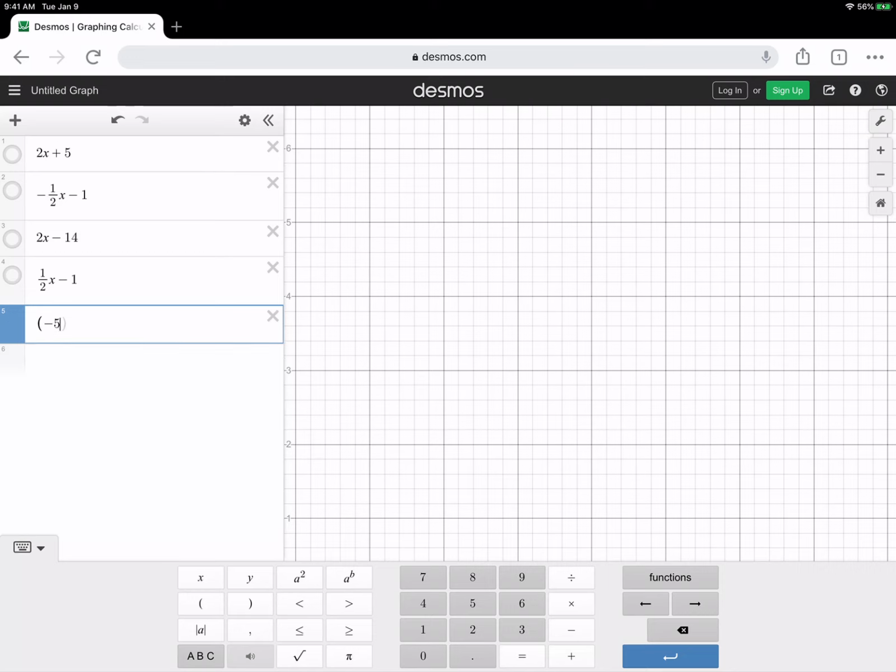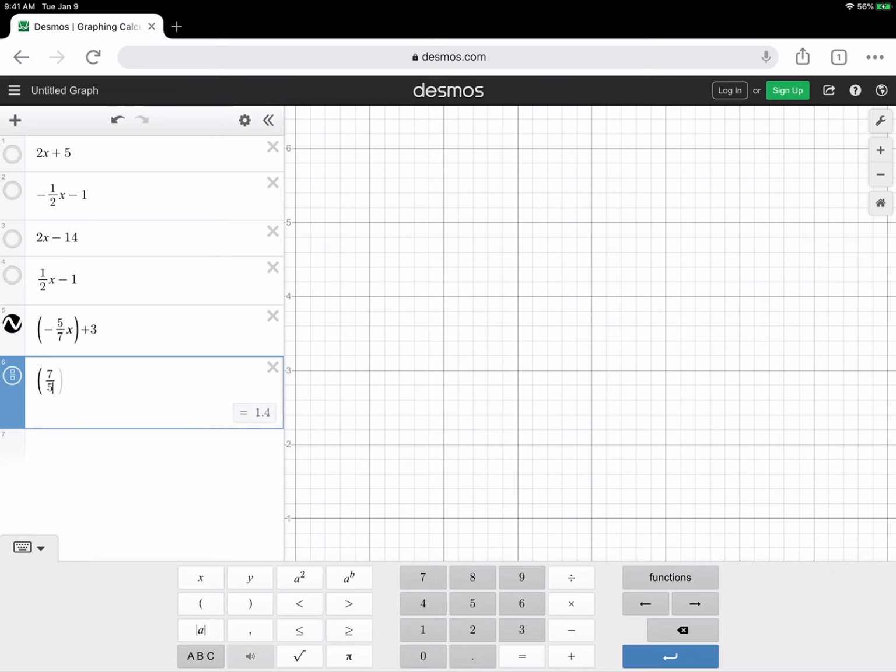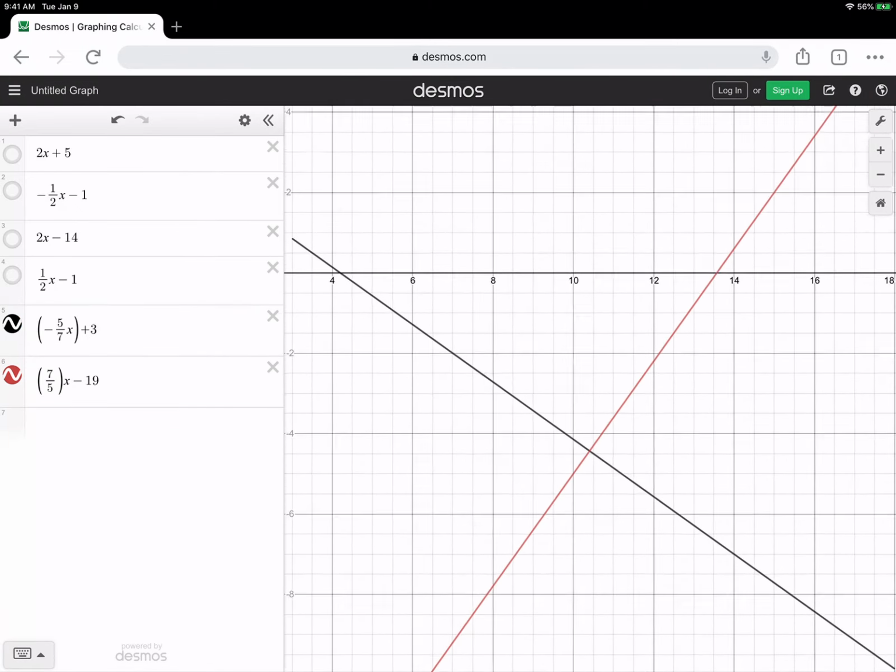Maybe I should just delete this. 5 divided by 7 x, and then what was it, plus 3? And the other one was just 7 over 5x minus 19. Alright, so there we go.